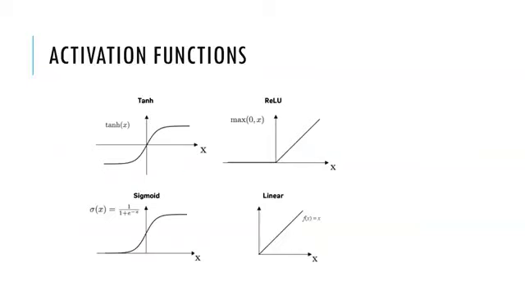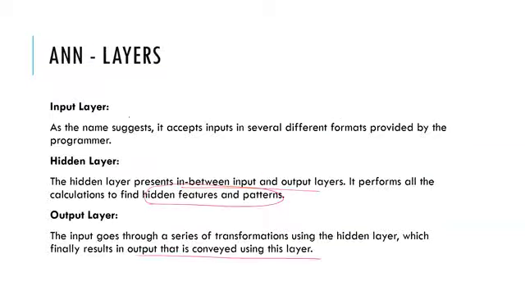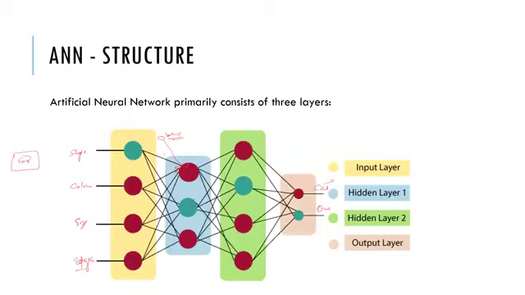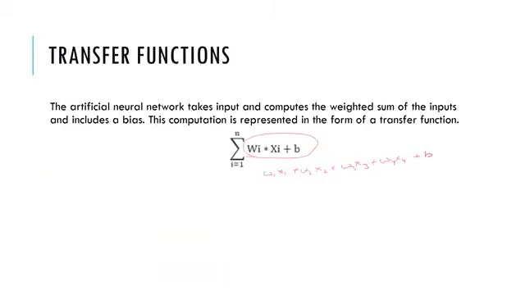One is tanh. It comes from trigonometry, right? Whatever values you get through the transfer function, and the transfer function is nothing but a linear equation that takes all the input features and puts them into an equation, giving you some value.